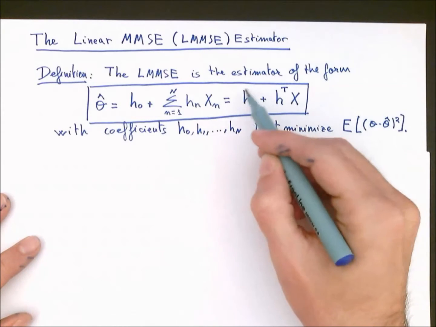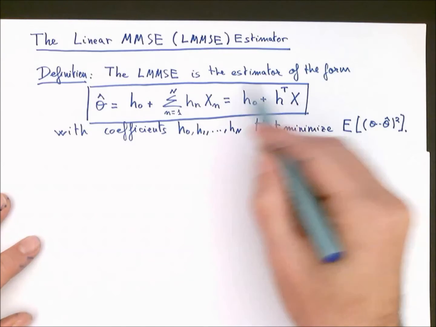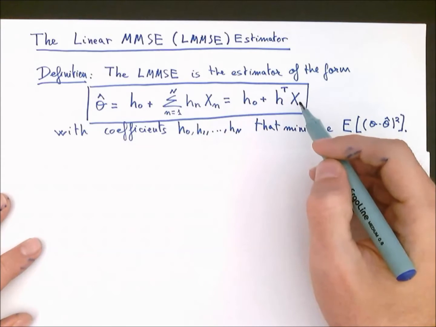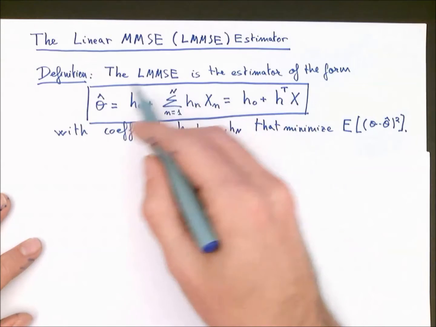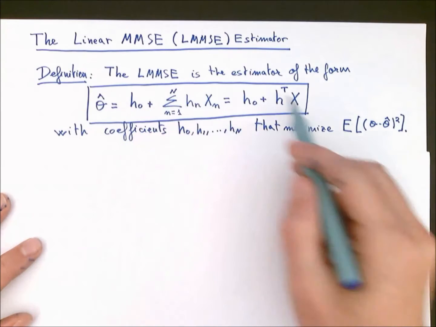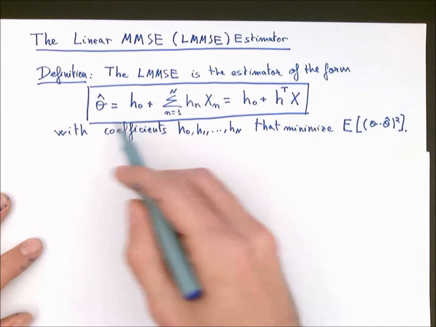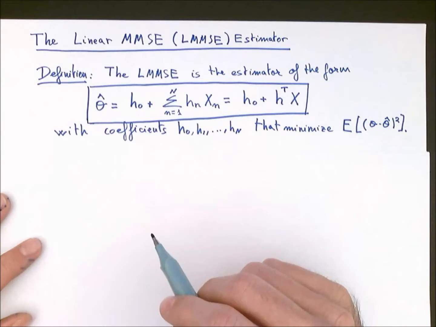When we have an additional offset coefficient, the precise name for this transformation would be that of an affine transformation. However, by tradition in the estimation community, the estimator has for a long time been called the linear minimum mean squared error estimator, and therefore we will keep this terminology.